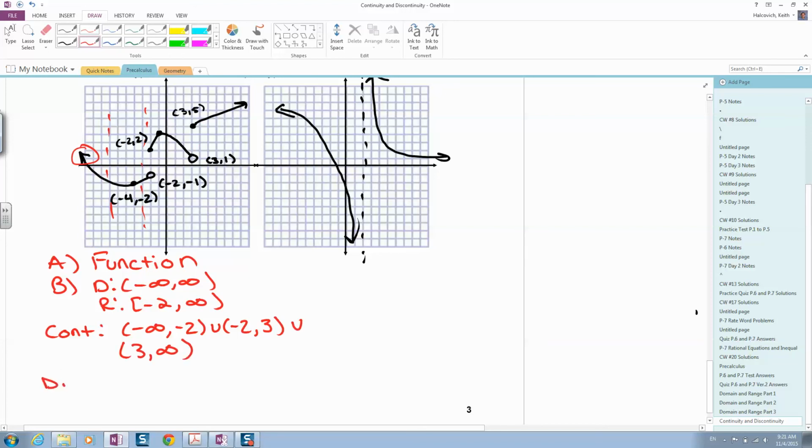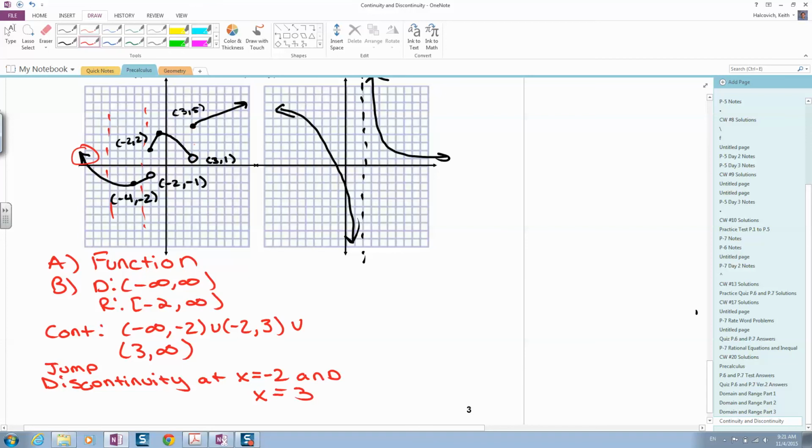The types of discontinuity, well, notice there's a jump discontinuity at x equals -2 and x equals +3. Those are the two jump discontinuities, because notice it jumps up from here to there.